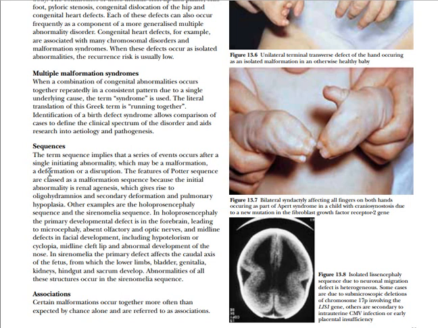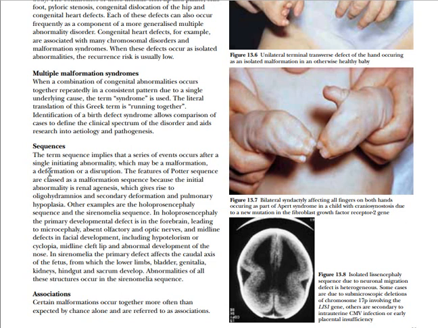So what is Potter sequence? Potter sequence is multiple facial abnormalities, limb abnormalities, and oligohydramnios, which arises from bilateral renal agenesis.